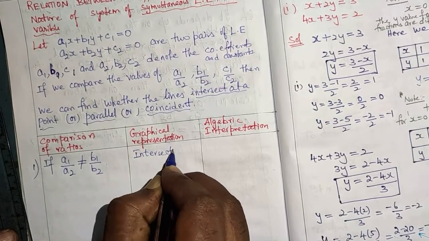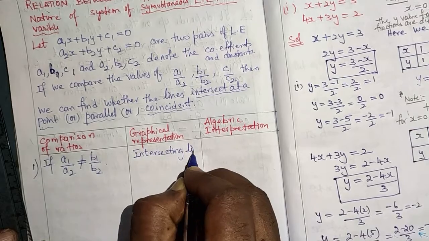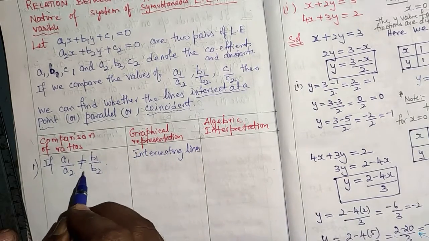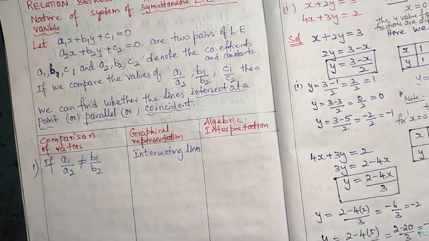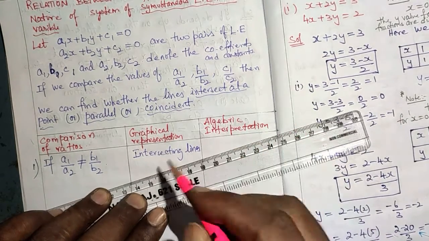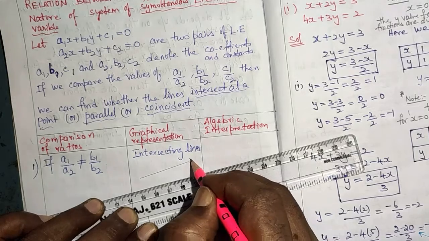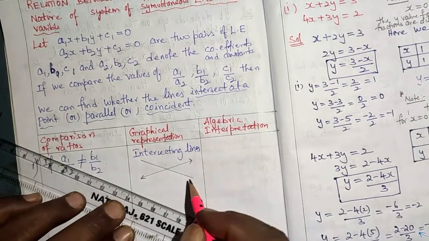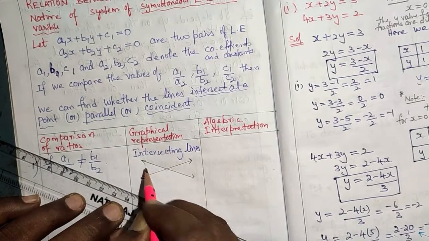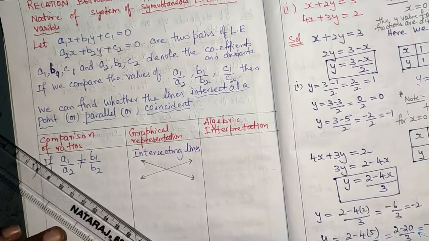The lines were intersecting lines. That means if this ratio is not equal, then the lines will be intersecting lines. I will draw it in the form of a diagram also. Pictorial representation.